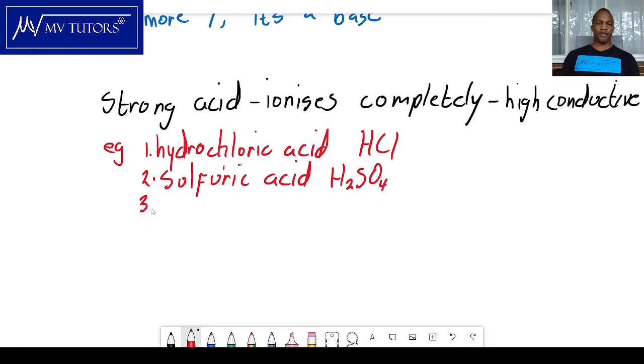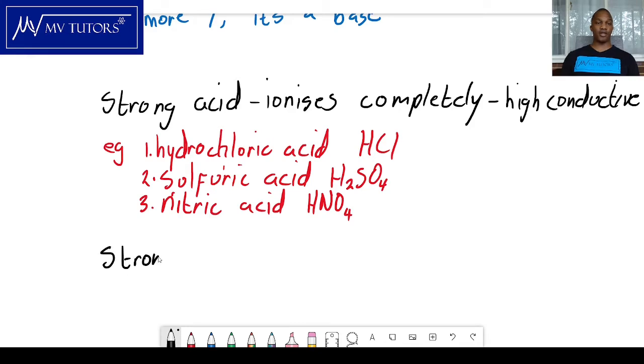The third one I'm giving you is nitric acid. These are strong. You must know about them. Nitric acid is HNO3.